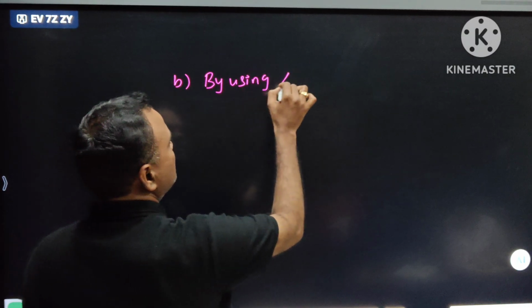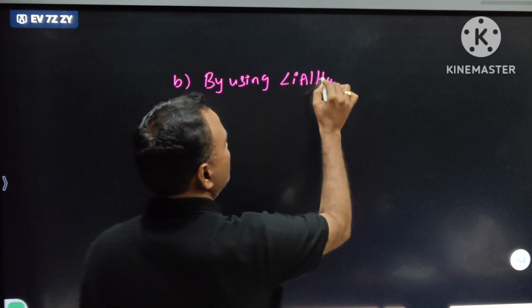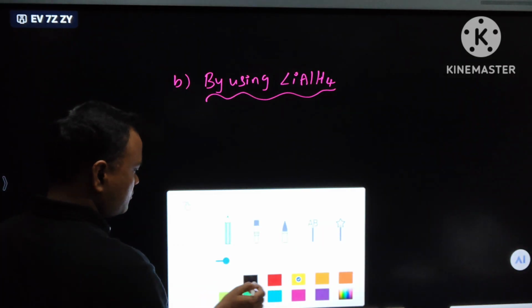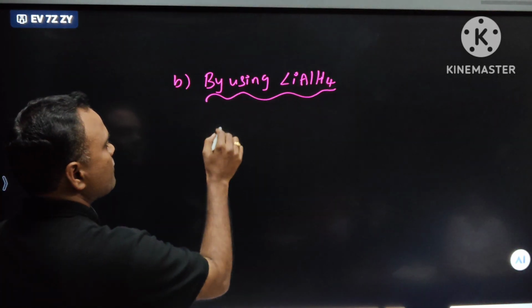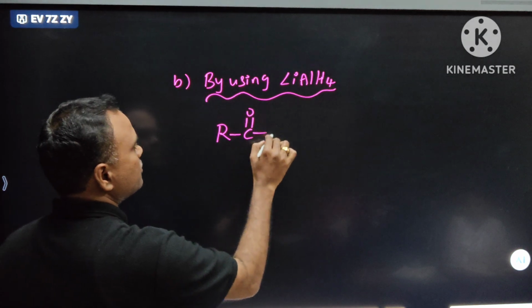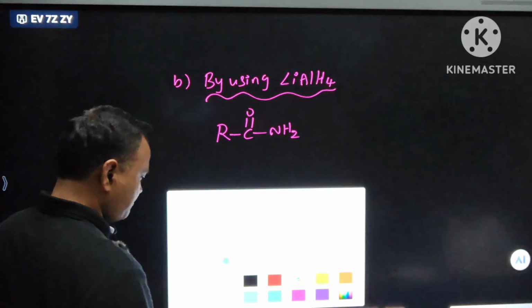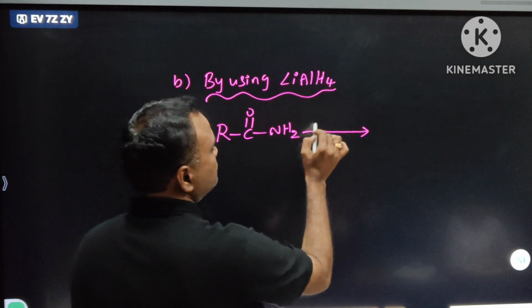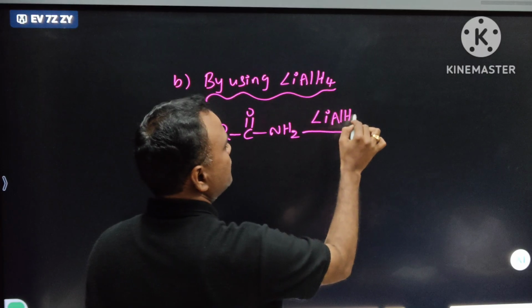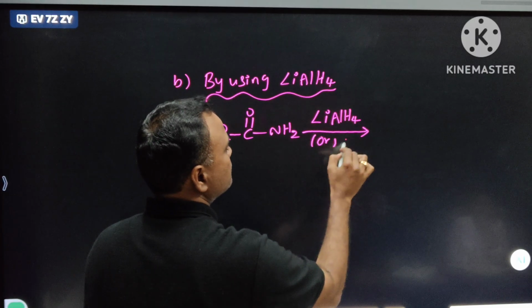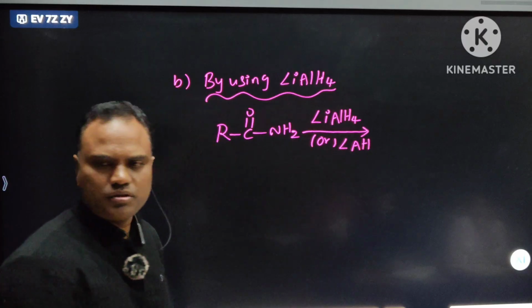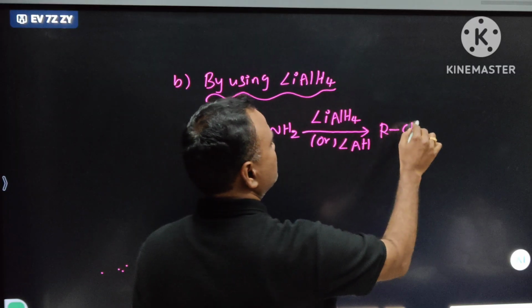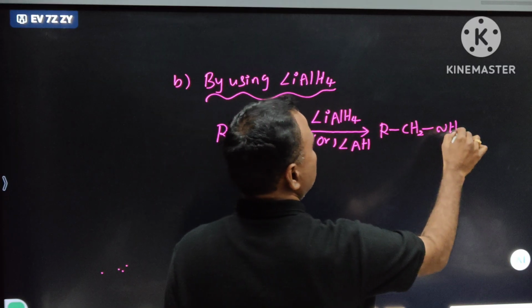By using a powerful reducing agent, lithium aluminum hydride, RC double bond O NH2, lithium aluminum hydride, also represented as LiAlH4.